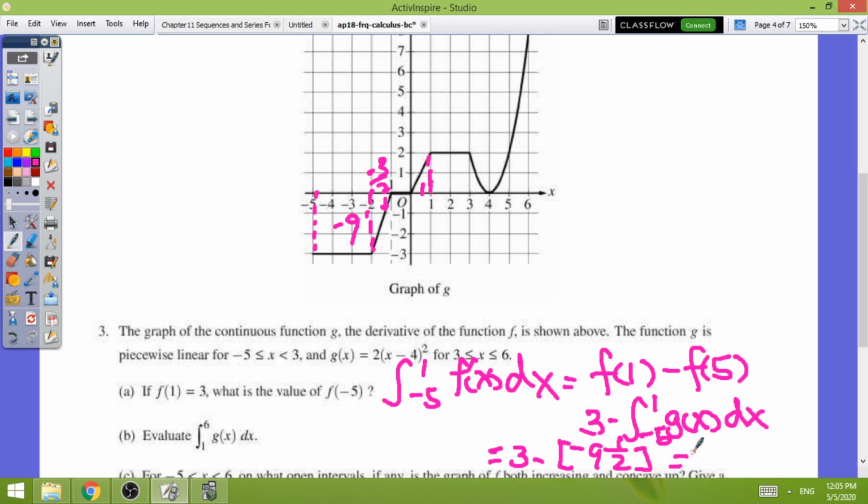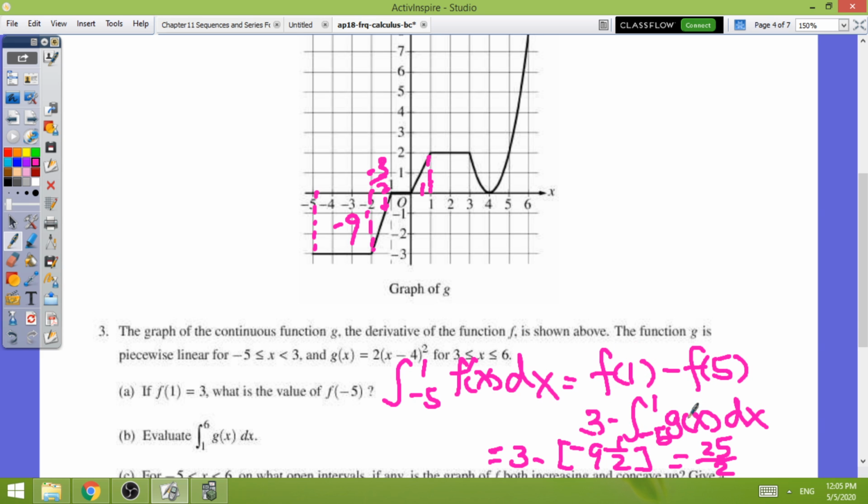So combining this together, 3 minus -9.5, eventually you'll get 25/2. So that'll be f of -5.